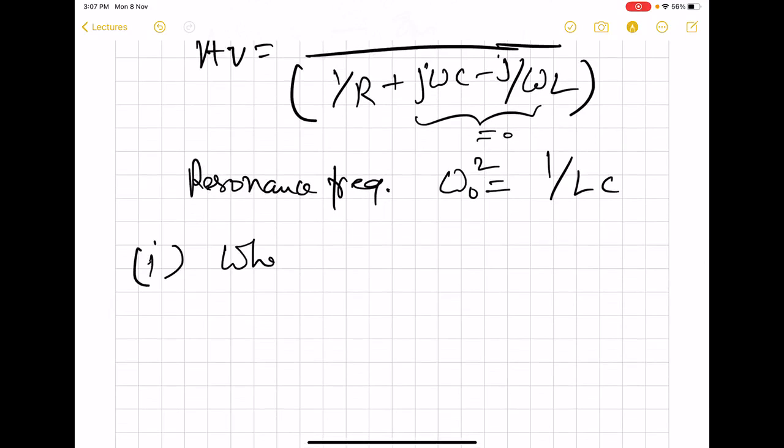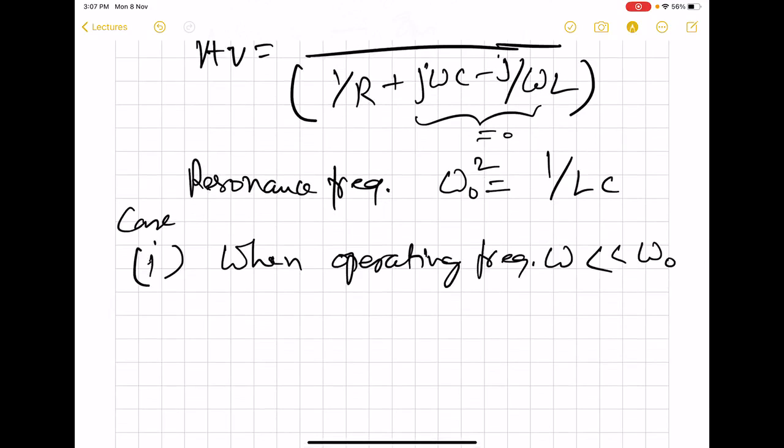So first case, when the operating frequency omega is much less than omega naught, or in fact omega is very close to DC.